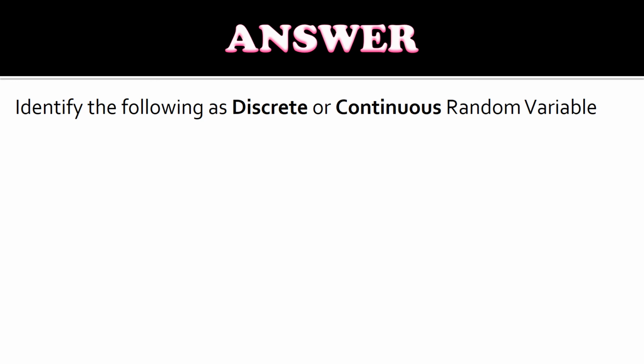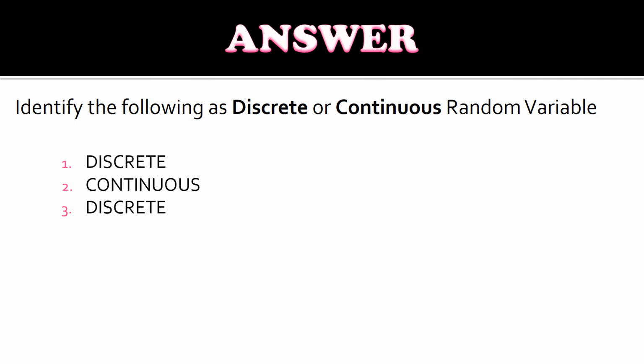Now let's see if you get the correct answer. For number 1, that's a discrete random variable. Number 2 is continuous. Number 3 is discrete. Number 4 is continuous. And number 5 is discrete.